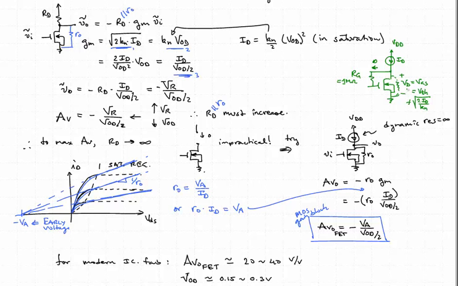And if the drain voltage rises, then the gate voltage rises, which then tends to turn the transistor on, which then diverts the current I, the current source current, back through the channel.